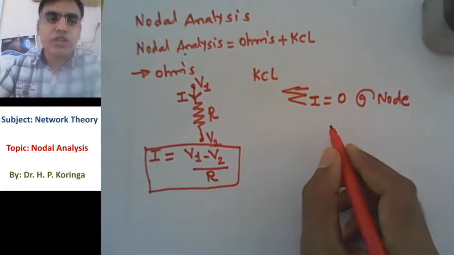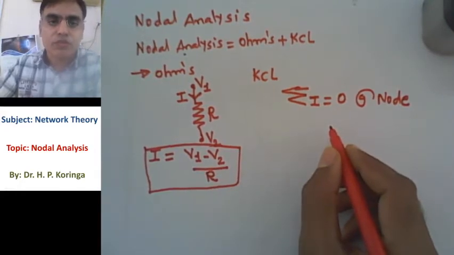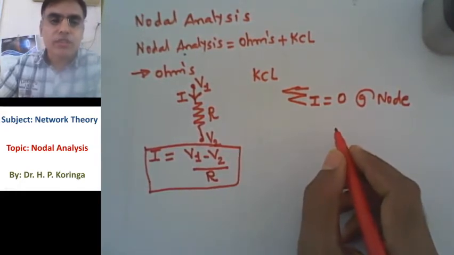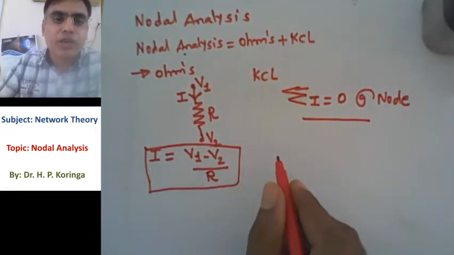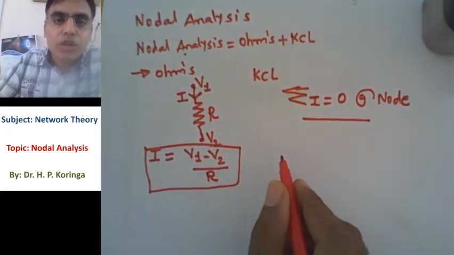So in nodal analysis, we apply Kirchhoff's current law to find the current passing through the different branches, and we use Ohm's law.